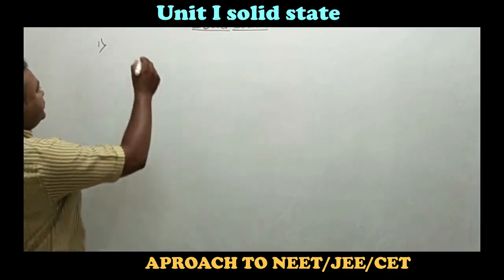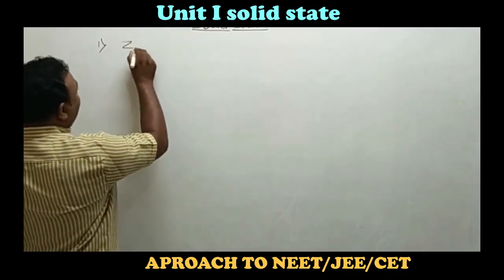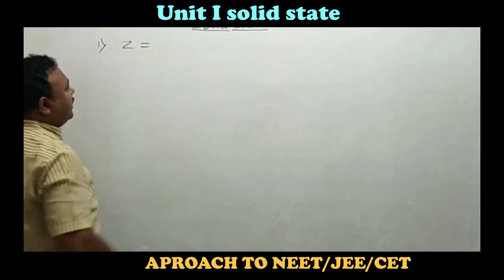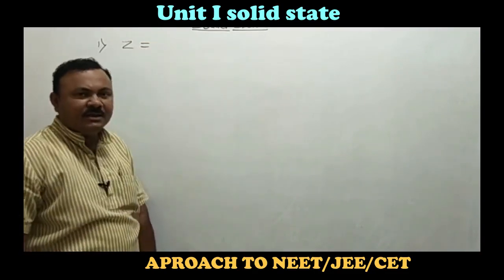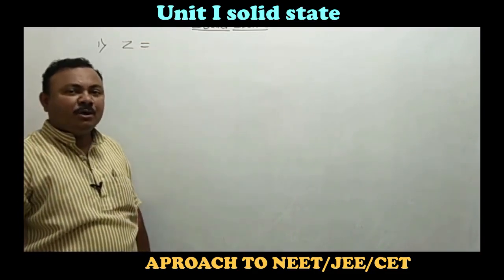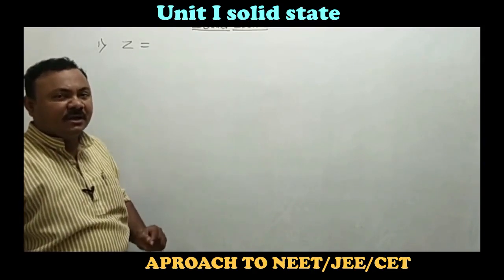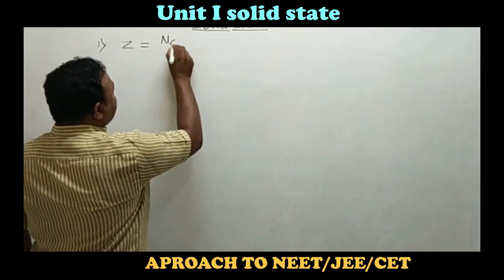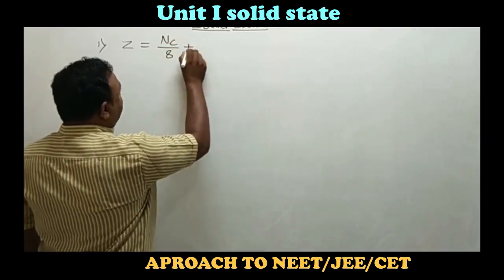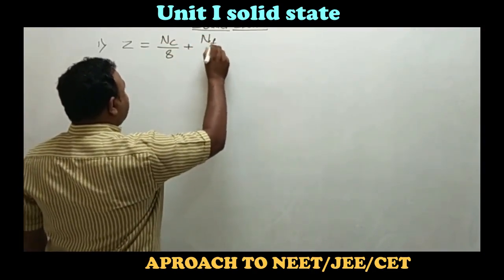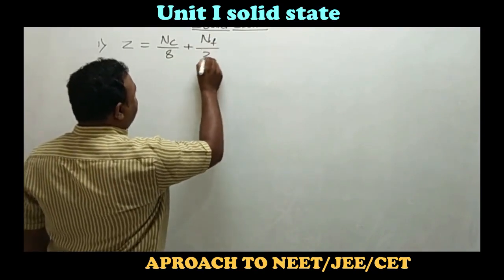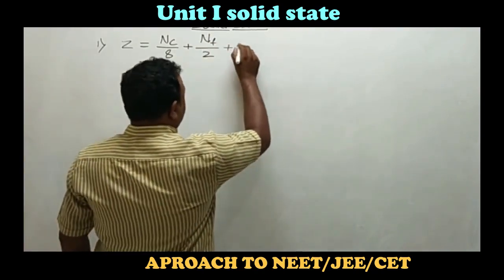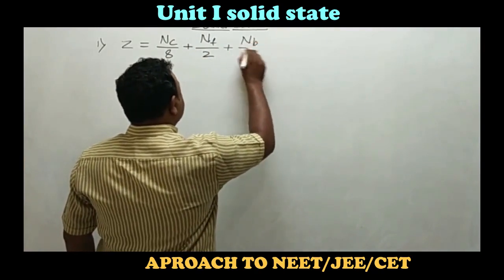We are going to see a formula for calculation of number of atoms per unit cell. Z is nothing but number of atoms per unit cell. So if you want to calculate Z, take the number of corner atoms, divide by 8. If you have face centered atoms, take the number of face centered atoms, divide by 2. Number of body centered atoms divided by 1.